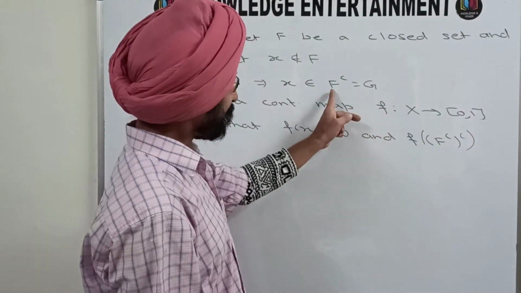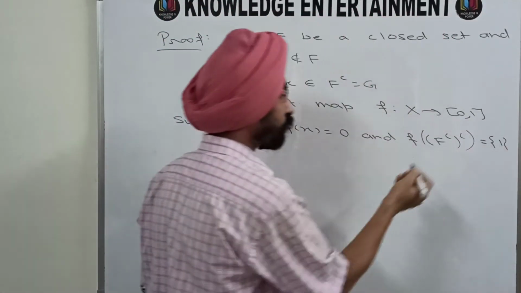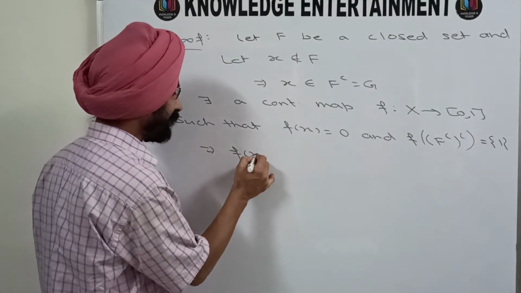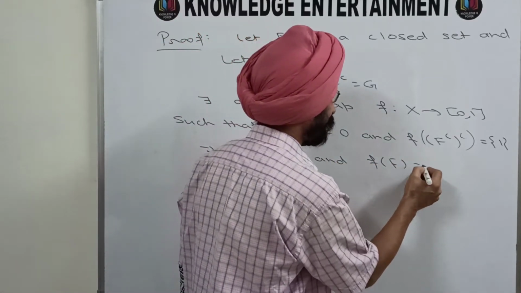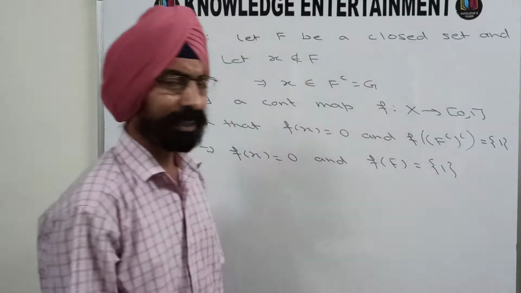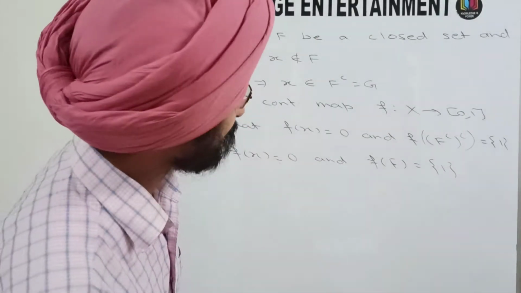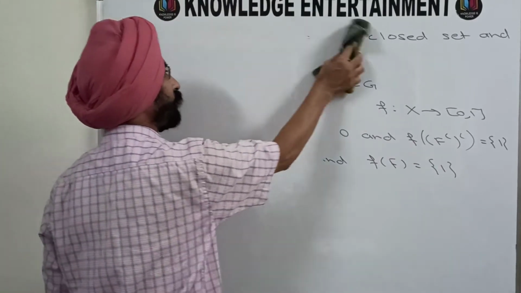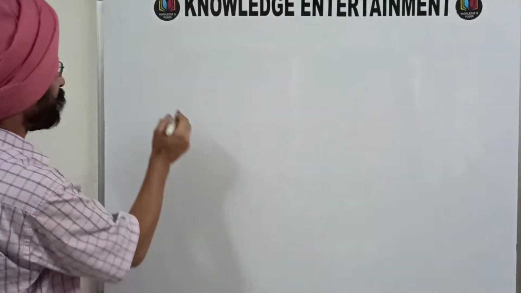So G complement means F complement's complement is 1. But what is the complement of a complement of a set? The set itself. So this means f of x is 0 and f of F is the singleton set 1, and that implies that the space is completely regular. So this was a very easy theorem which was proved directly using the definition of complete regularity of a topological space. And now we'll move on to the next theorem, which is again very easy.